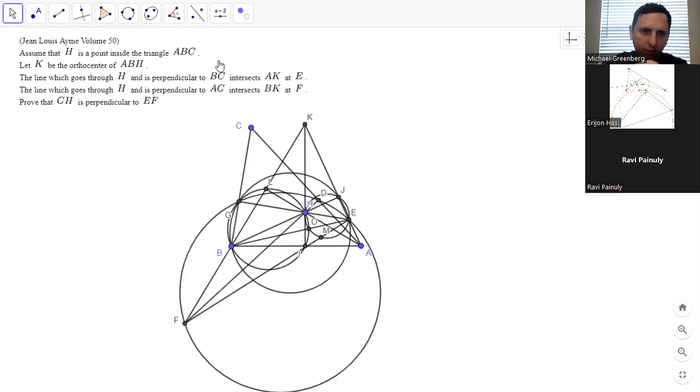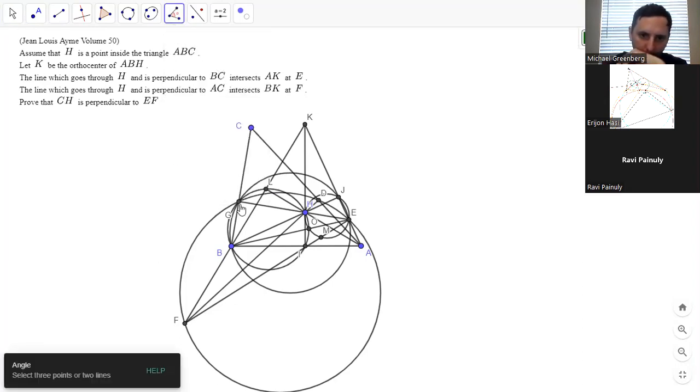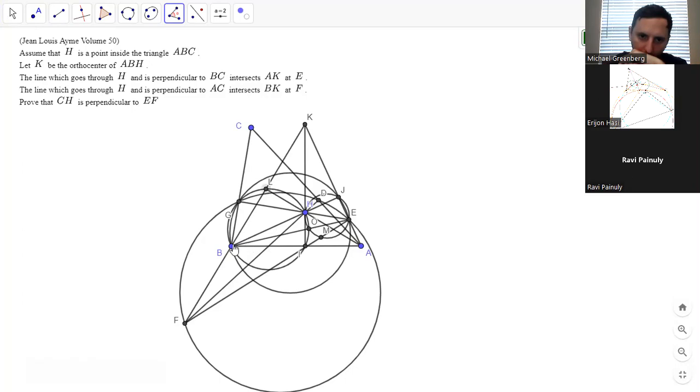Is GBL equal to GFE? I don't think so. No.